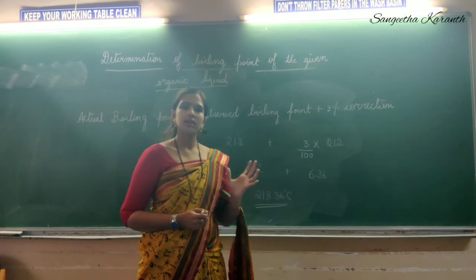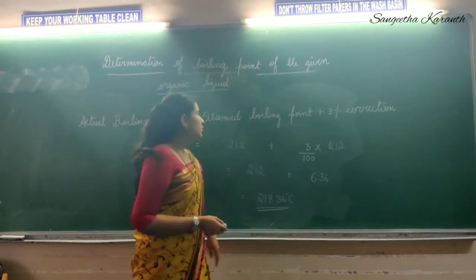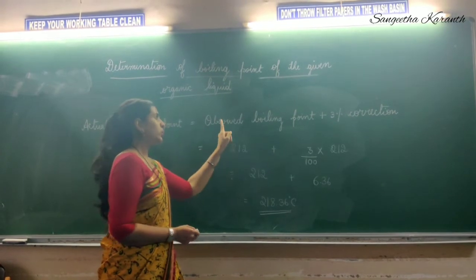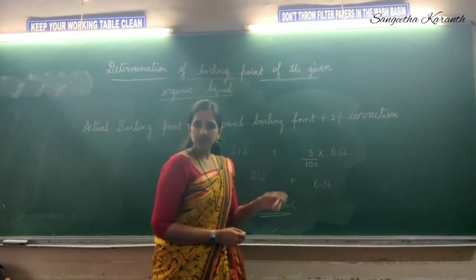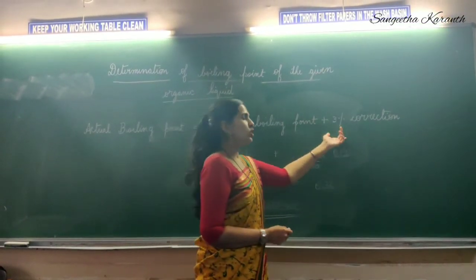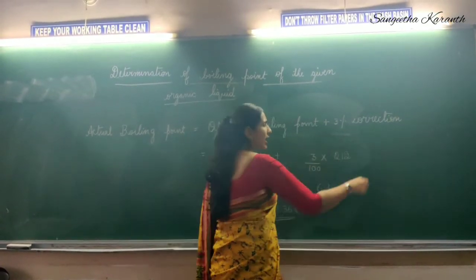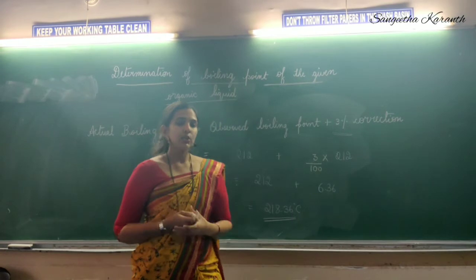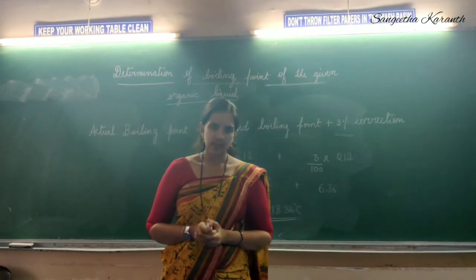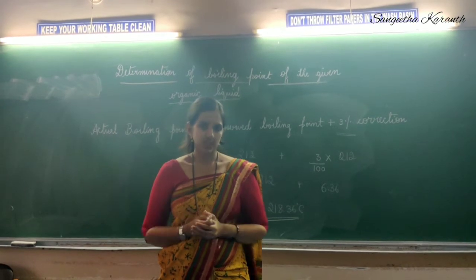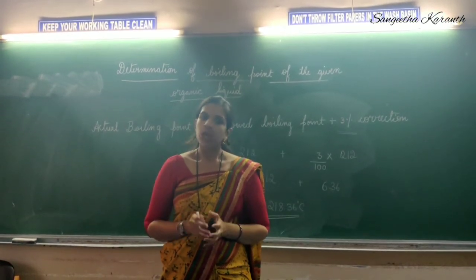Now we have to do certain simple calculations. The actual boiling point is equal to the observed boiling point plus 3% correction. Why do we need this 3% correction? It mainly depends on the altitude of the place where you conduct this experiment. We know that the boiling point depends on the altitude of that place.